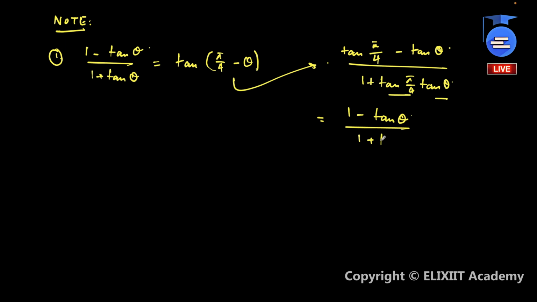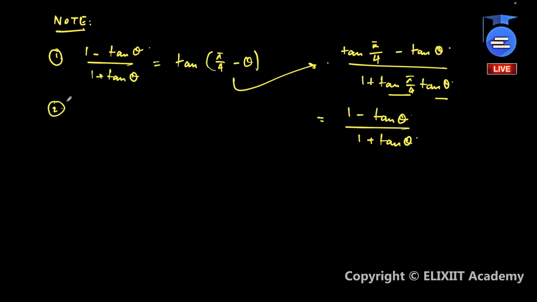So this is 1 minus tan theta upon 1 plus 1 into tan theta. We are getting this, but you should remember it. The moment you see this relation, you have to immediately write it as tan pi by 4 minus theta.